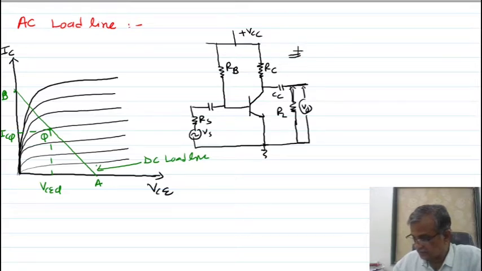This circuit I can draw with only the output section. I am drawing only this much section.